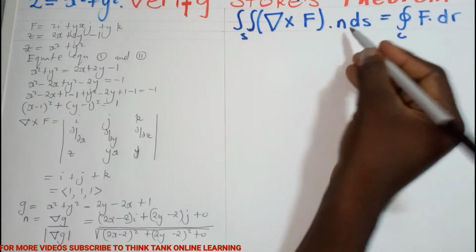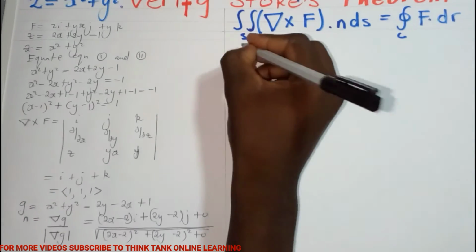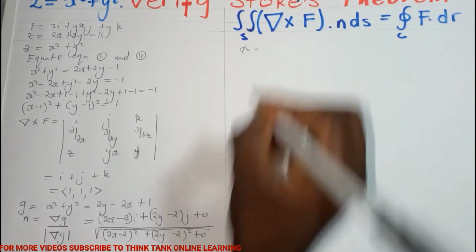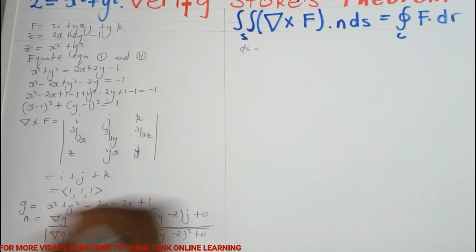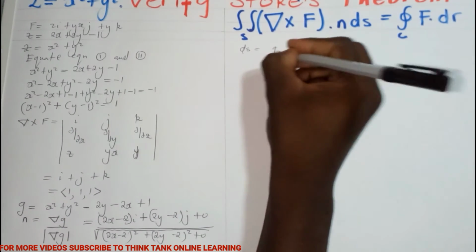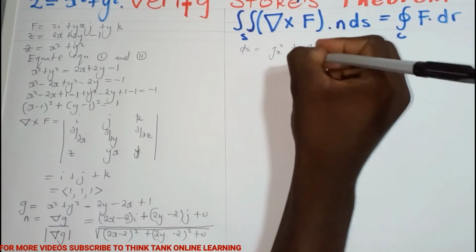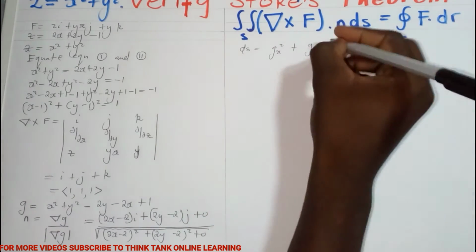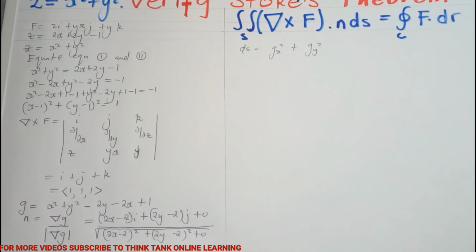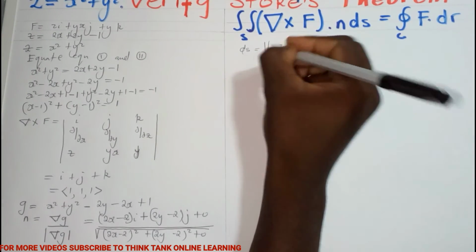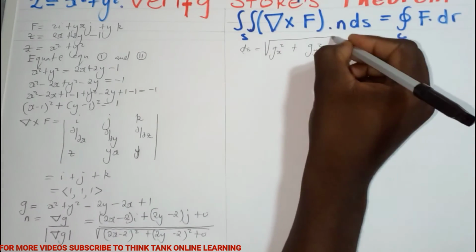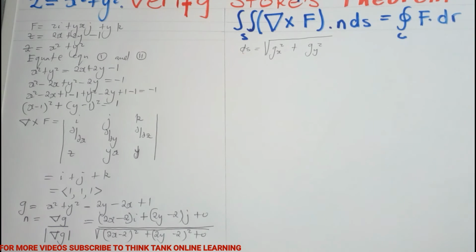Now I want to find the dS. So dS is just equal to the square root of the partial derivative of g with respect to x squared plus the partial derivative of g with respect to y squared. We don't have z, so it's like we're in the xy plane, so there's no need to say plus 1 because we don't have z here.